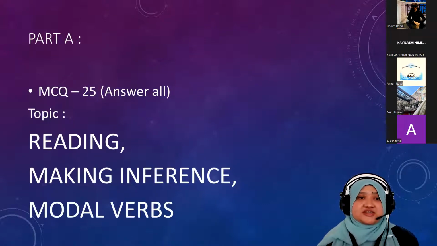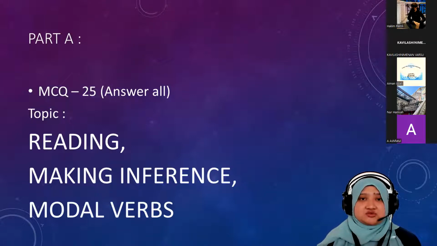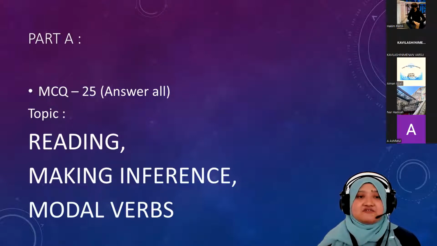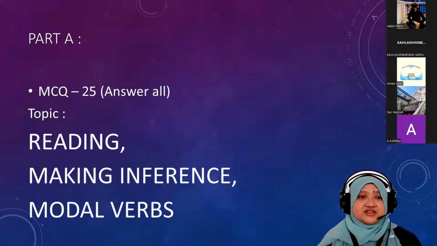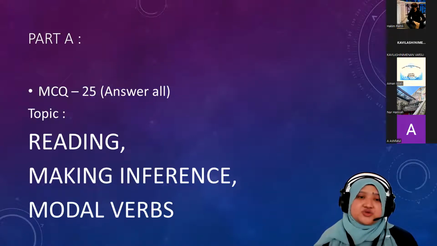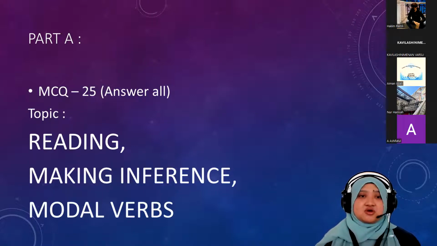The first part is Part A and there is a Part B. Part A comprises multiple choice questions, also known as MCQ or ABCDs, right? There are 25 questions and you need to answer all questions for Part A.